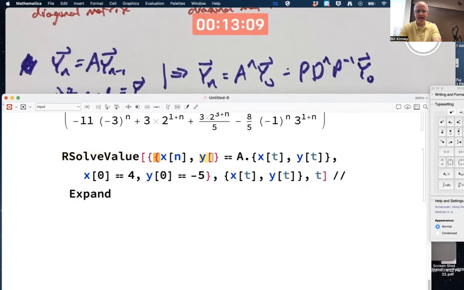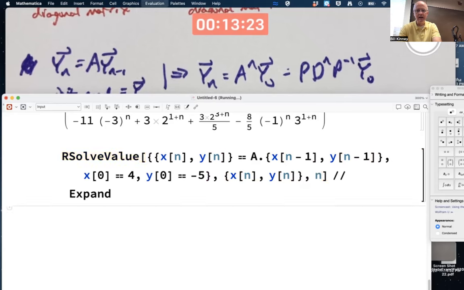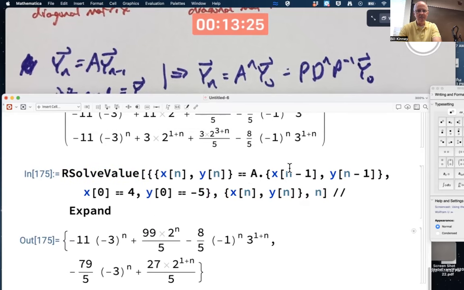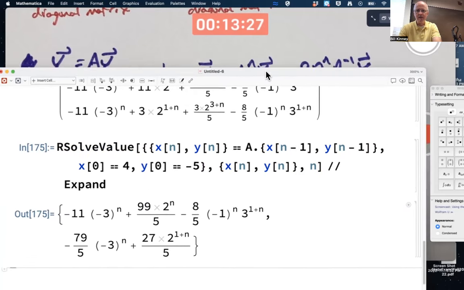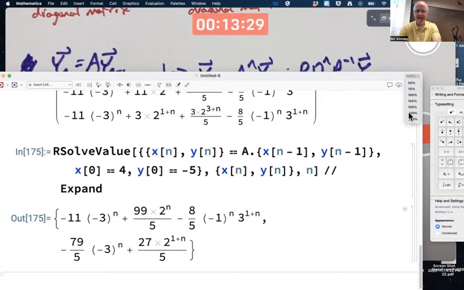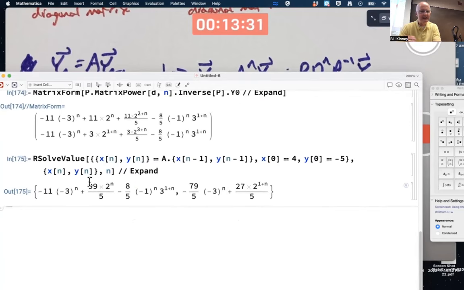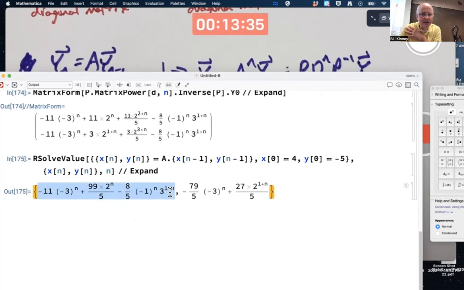We want n's in here, and we want n minus 1s over here. Looks kind of promising from what I can see. Doesn't look exactly the same. There's similarities.